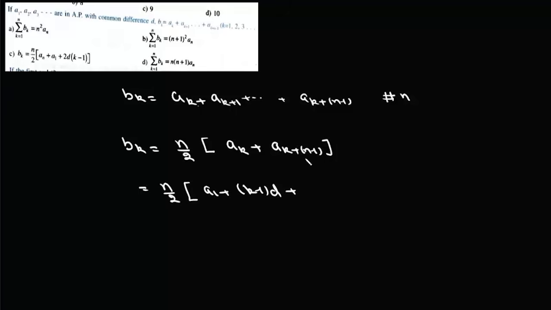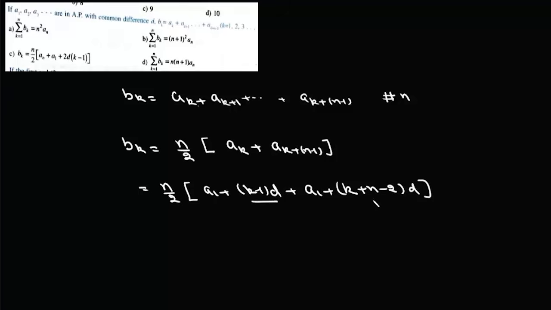We can write this as n by 2, and it will be ak plus a(k + n − 1). Now ak is the kth term, so it will be a1 plus (k − 1)d, and this a(k + n − 1) will be a1 plus (k + n − 2)d.